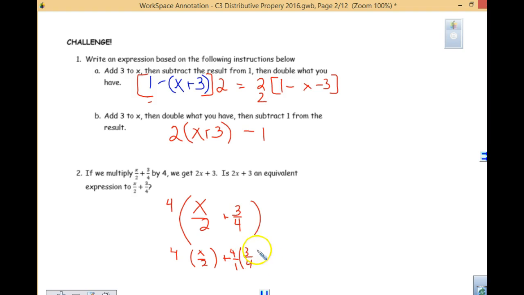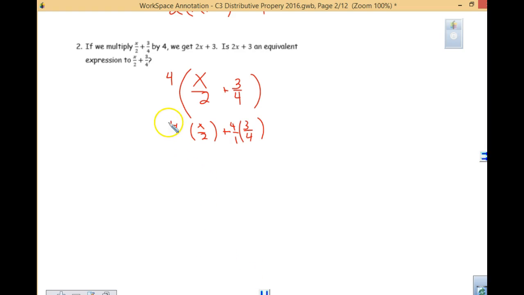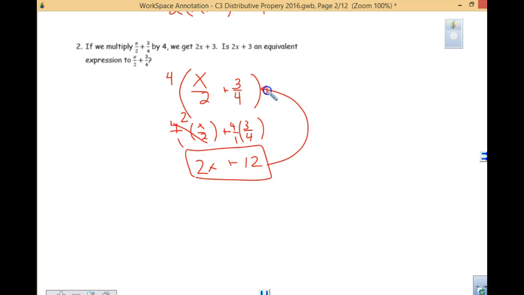And if I multiply this out, this 2 goes into 4 twice, and I get 2x. And here I get 12.